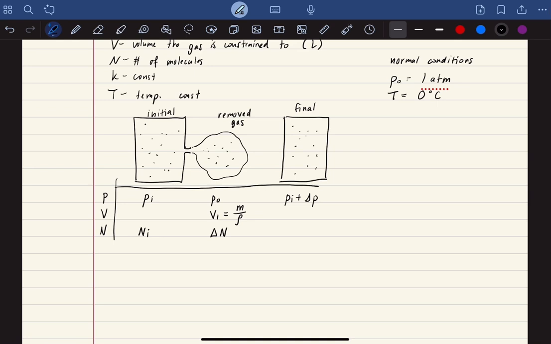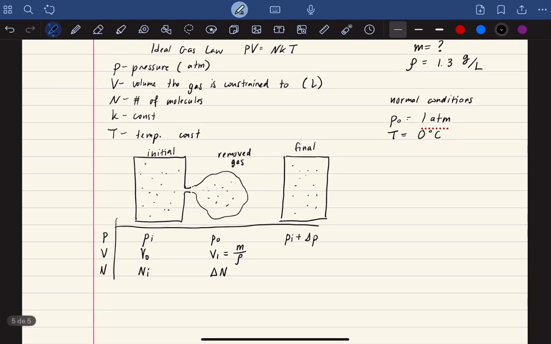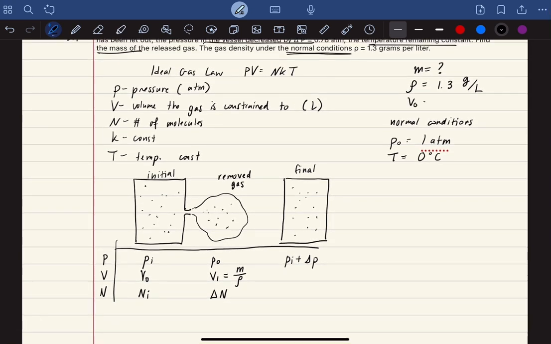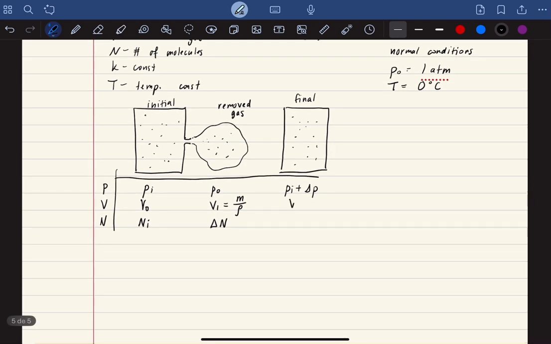The initial volume is V0, the volume the gas is constrained to, the volume of the container. V0 is 30 liters. Our final container will also have a volume of V0, because the container is not changing. And our final number of molecules is just our initial number plus whatever changed.